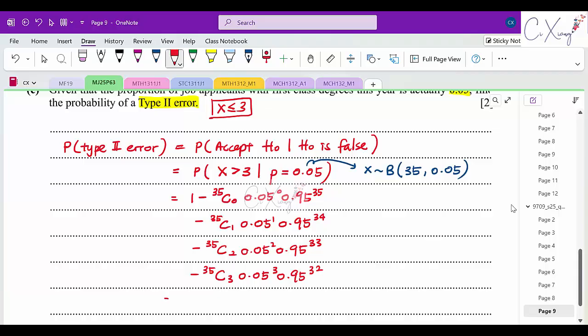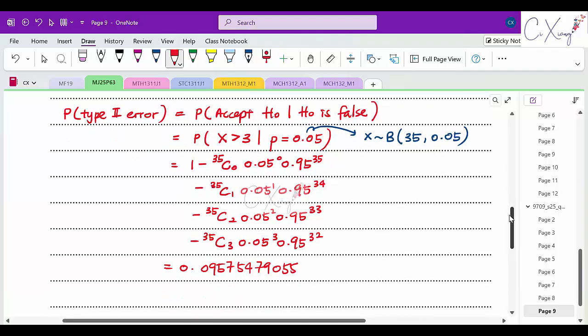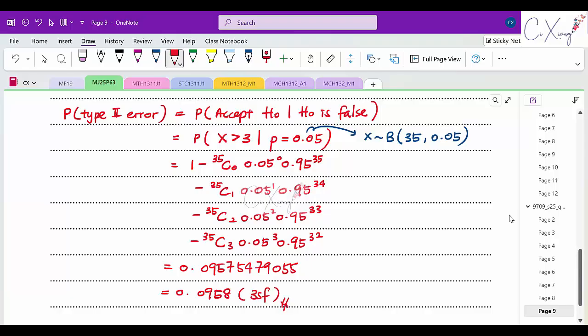Okay, so please press the calculator very carefully. You get a long series of digits, then of course we have to cut it short into 3 significant figure. Then by right, the answer that you get should be 0.0958 correct to 3 significant figure.